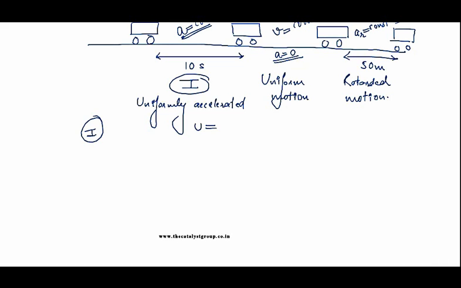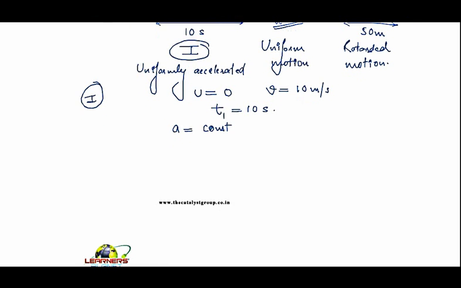Your initial velocity is 0 while your final velocity is equal to 10 meter per second, while the time taken, let me call it t1, is 10 seconds. Is it fine? Now as acceleration is constant, we are free to work with the equation of motion. So we can simply say that v will be equal to u plus at.